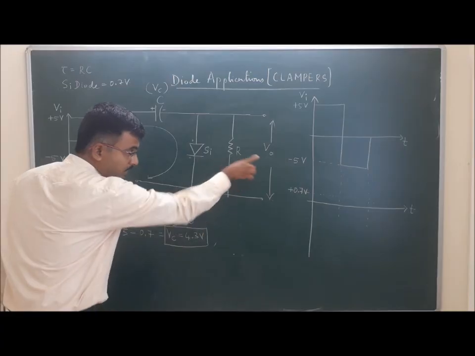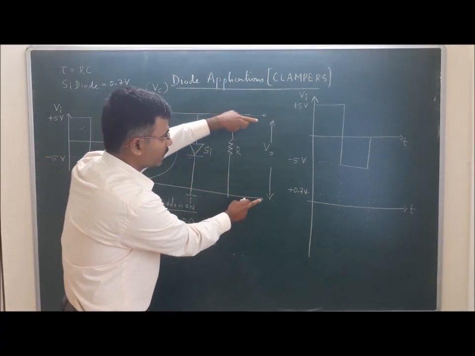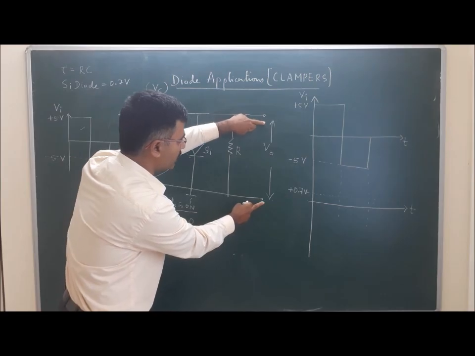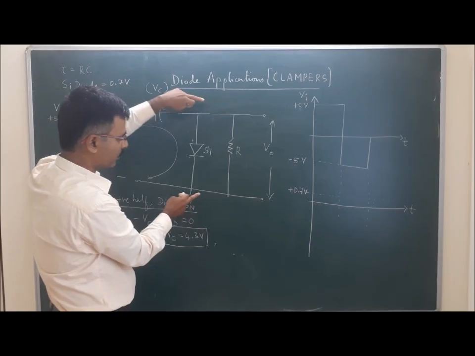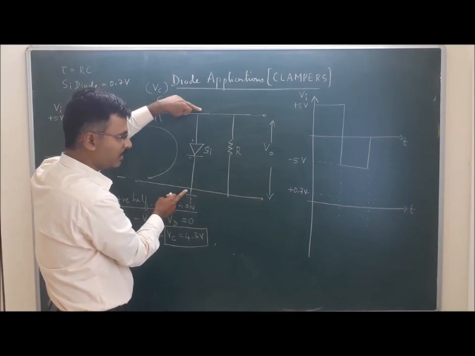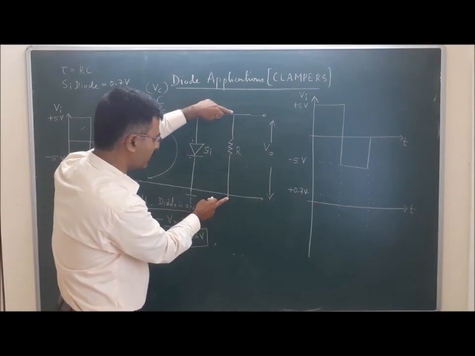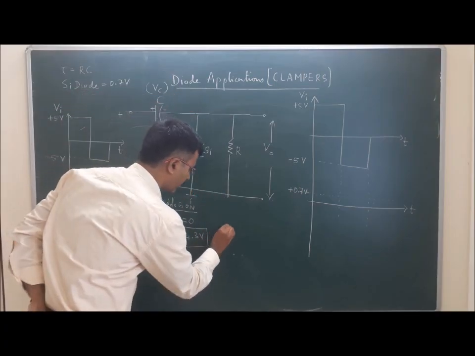Then what about V naught? We are interested in V naught now. So what is V naught? V naught is the voltage appearing across the resistor, and that is nothing but the voltage across the diode, because both these lines are in parallel. So what is the voltage across the diode?